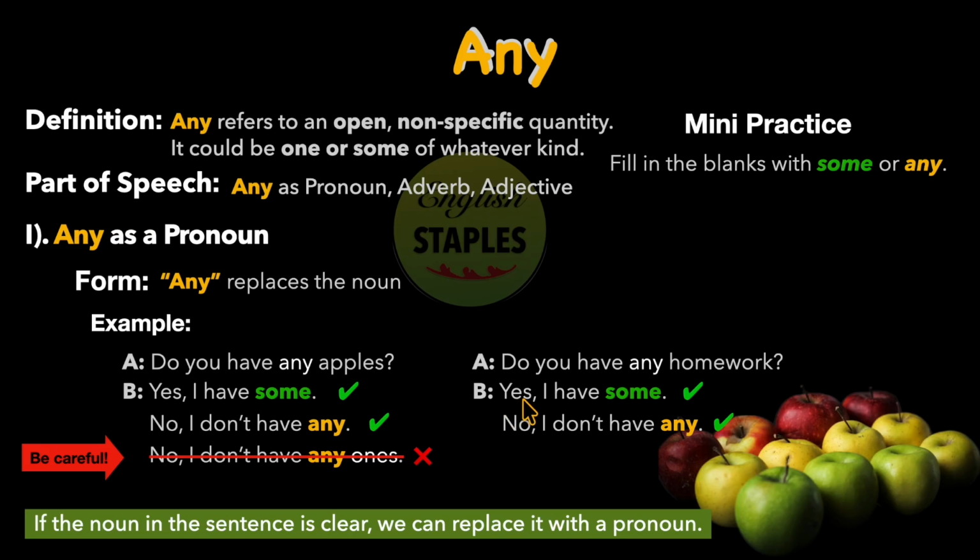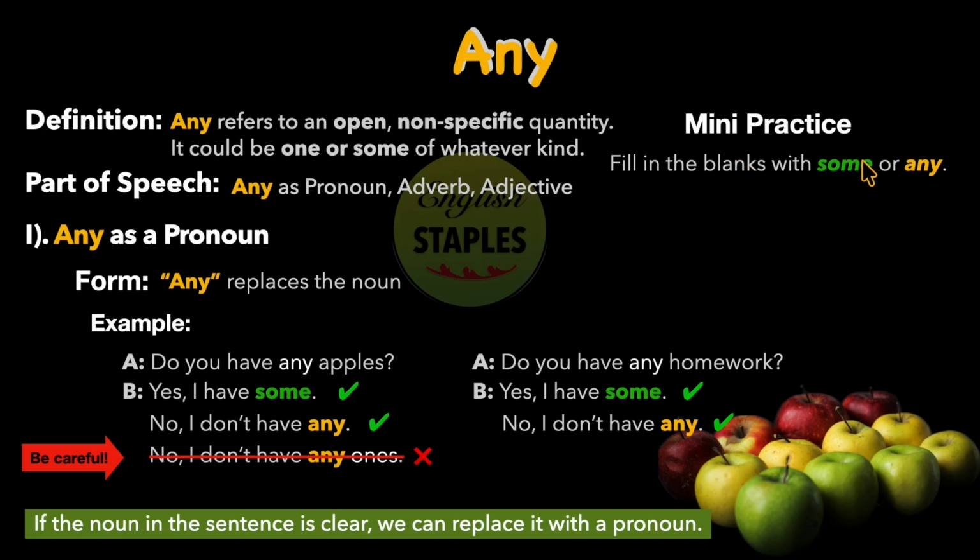Affirmative response is yes, I have some. And the negative is no, I don't have any. The same responses, just like that of the countable noun. Do you see that? From what we can see here, we use any in questions and in negative statements.